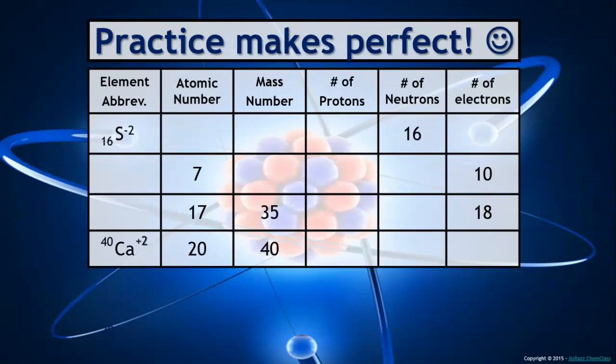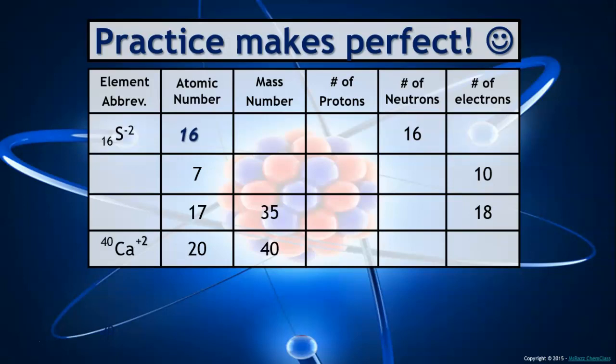So here we go. In our top row here, we have the element S, which is sulfur. We can see there a -2 charge. In the bottom left-hand part of the symbol there, we see the number 16, which tells us that the atomic number is 16.